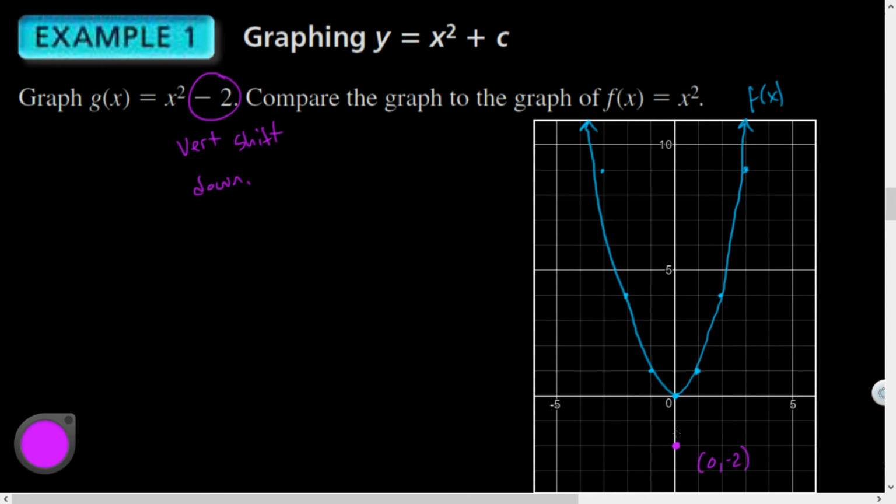So, all right, from this new vertex, up 1 over 1, up 3 over 1, and up 1, 2, 3, 4, 5 over 1. And then the same thing, just mirror those points. Mirror, mirror, mirror, mirror. And then I just draw the best parabola that I can, where it's getting steeper and steeper, faster and faster.